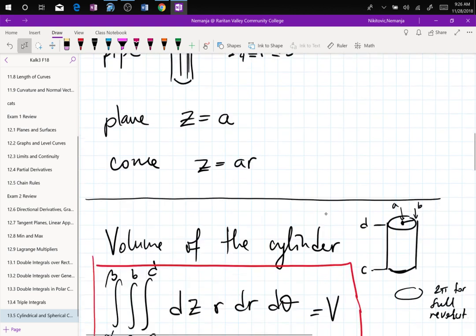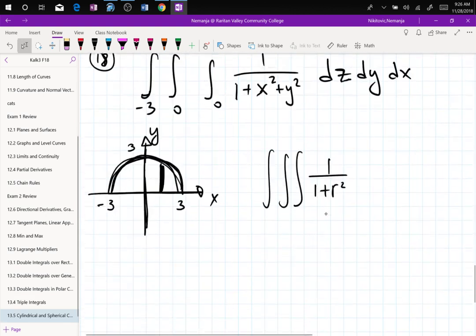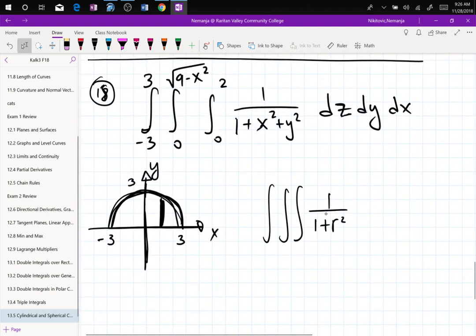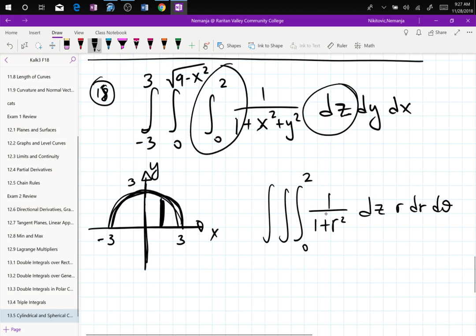So x squared plus y squared is simply converted into r squared. And then we have the string that we are not to change: r dr dθ. z, well, that doesn't change. That's 0 to 2, because z over here is 0 to 2 and z is z.